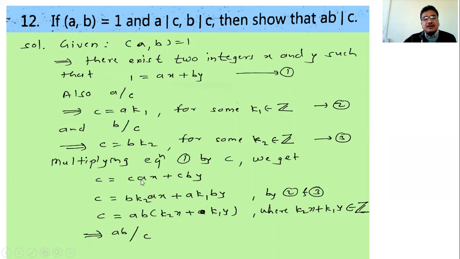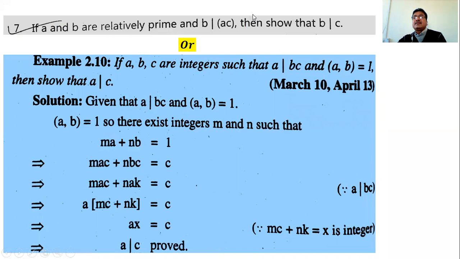Here write the value of c in terms of bk2, and don't write a there, otherwise we get a square and b square. We have to express c as ab times some integer. So write the value of c as bk2 in one term and as ak1 in the other, and then take ab as common. Then we have k2x plus k1y, and obviously k2x plus k1y is an integer. So c is expressed in the form ab times some integer, and therefore ab divides c. Similar problems we will see in the next lecture.